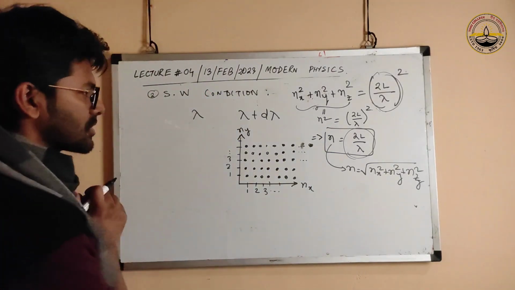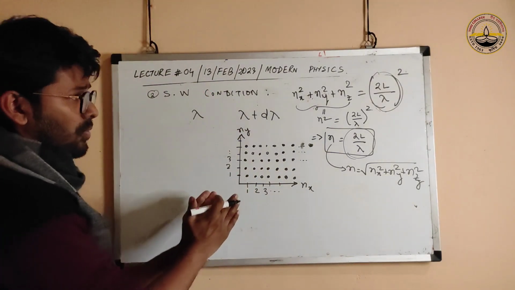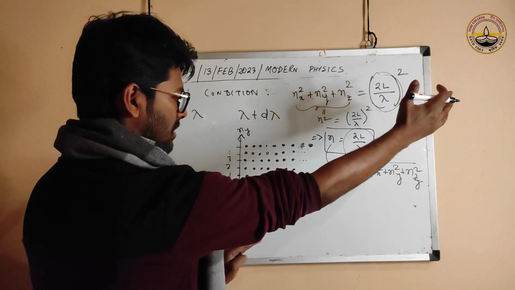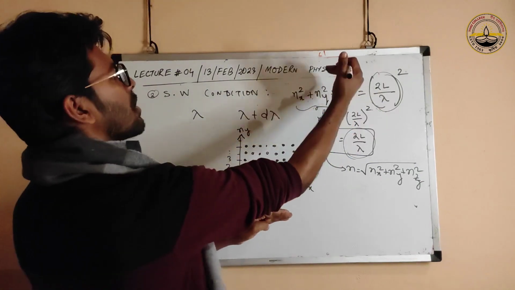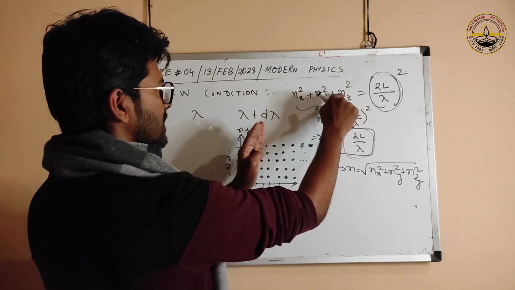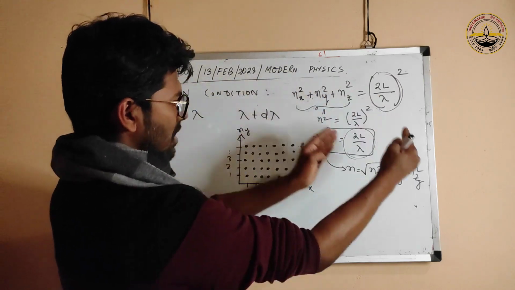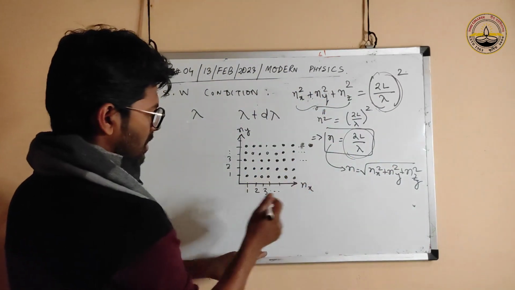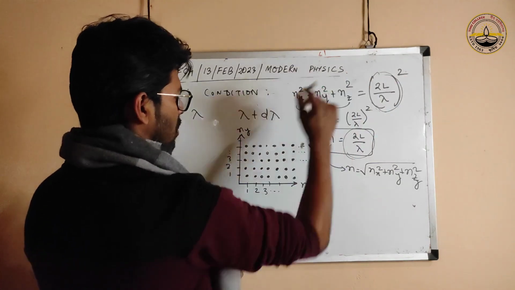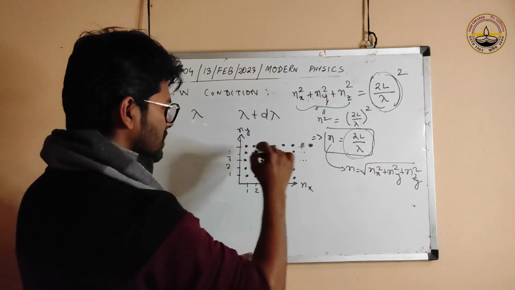This is my space. Now, if I take a particular value of lambda, that will correspond to some nx squared plus ny squared plus nz squared, which means some value of n. That is our constant radius.